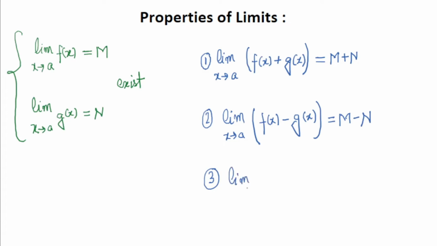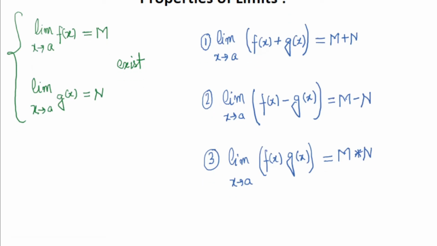Now the third property: the limit as x tends to a of f(x) and g(x), the product, is equal to m into n. Let's see the fourth property.